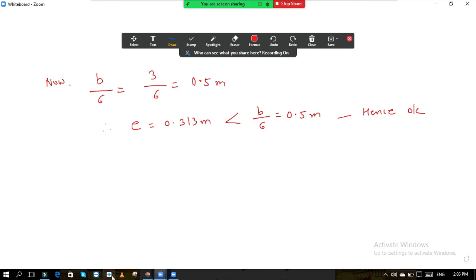So that upward pressure intensity we will calculate. So now here our eccentricity is within the elastic limit.